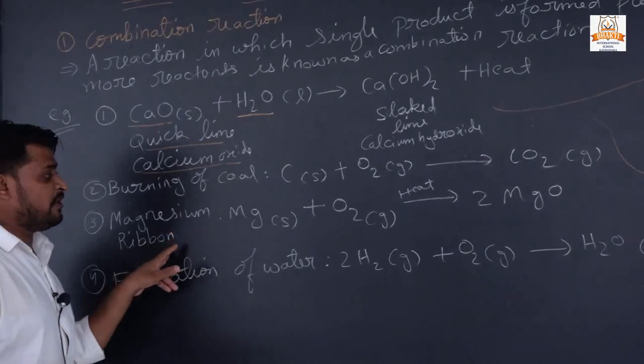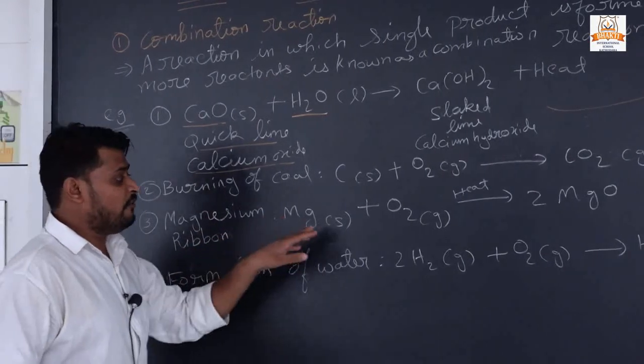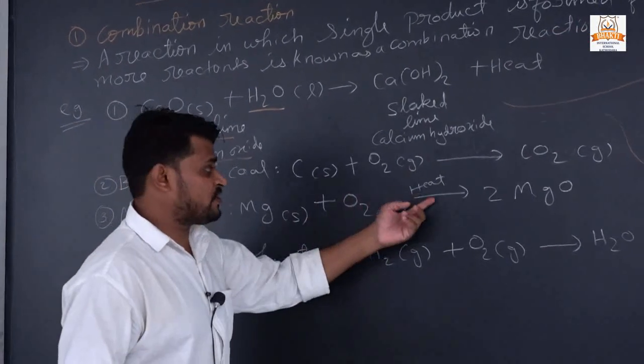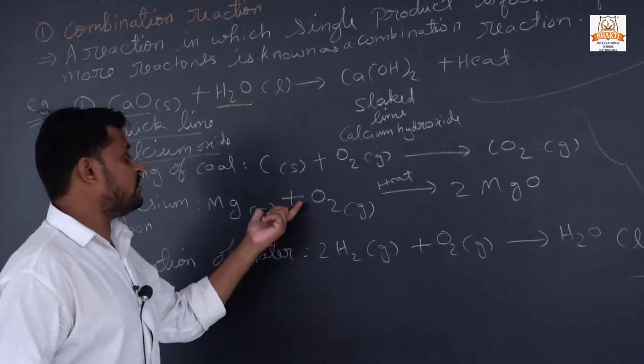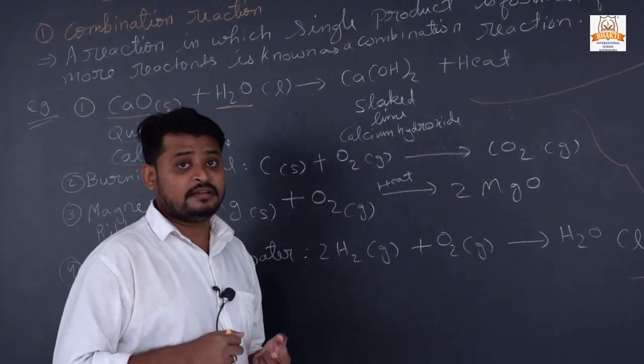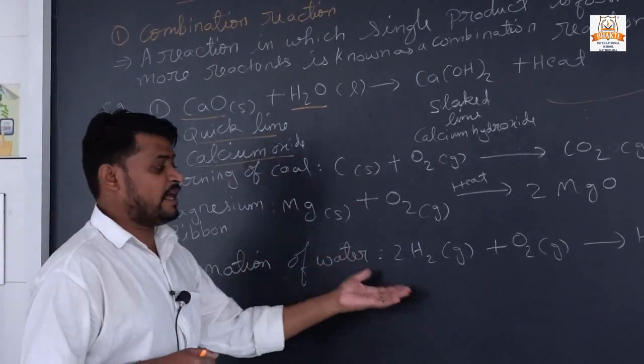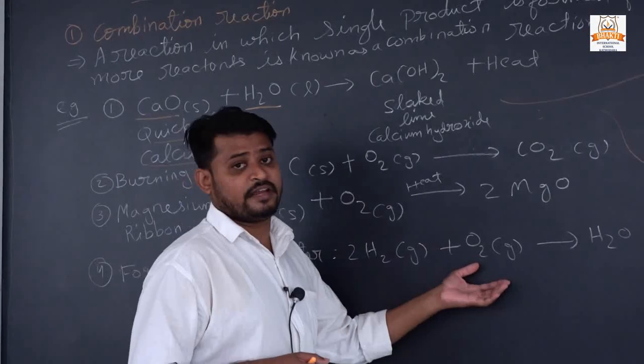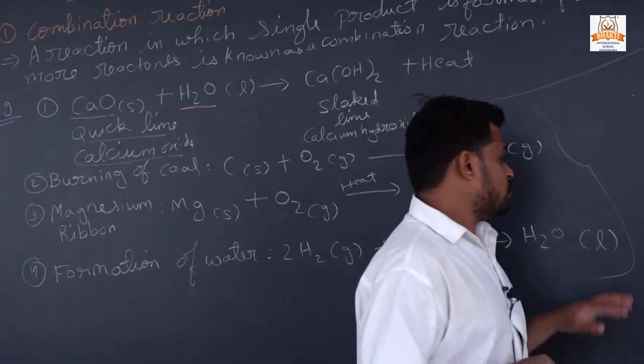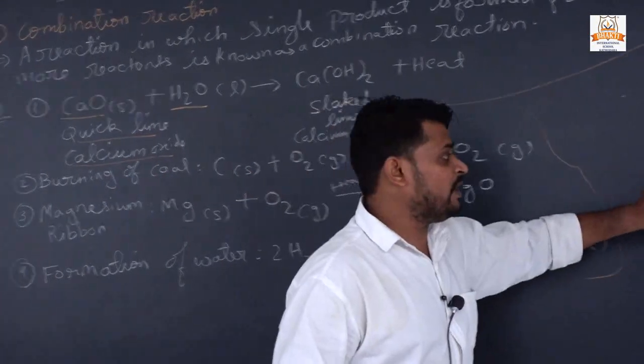Now magnesium ribbon. In our magnesium ribbon example, we are also providing heat from outside, which means the reactants gain and absorb the heat. In the formation of water also, heat and energy are absorbed. So it is an example of endothermic reaction.